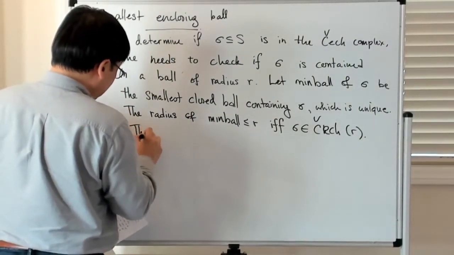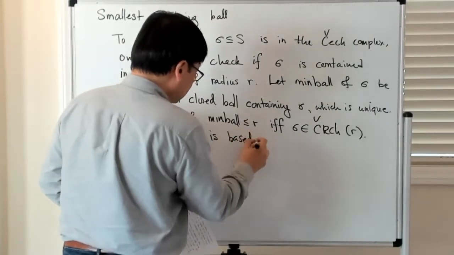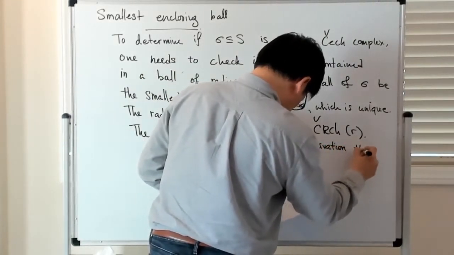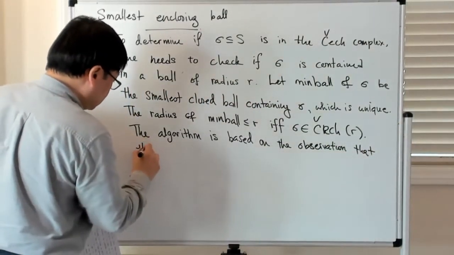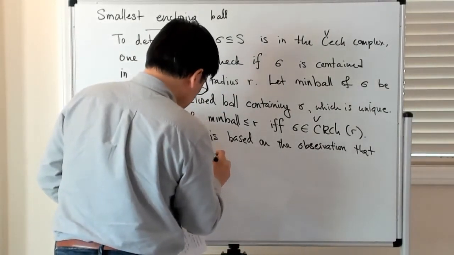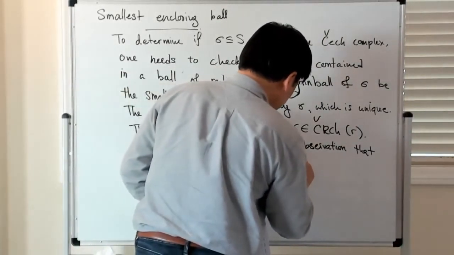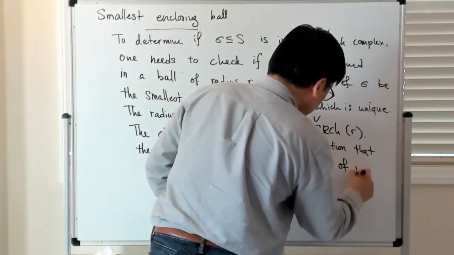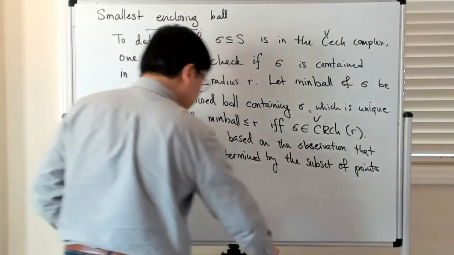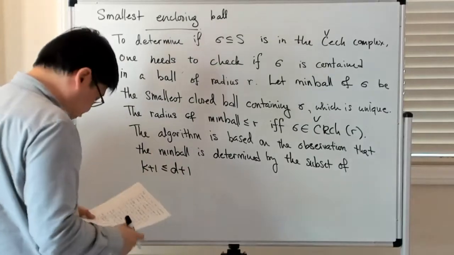Okay, so the algorithm is based on the observation that the min ball is determined by the subset of k plus 1 points, and k plus 1 has to be less than or equal to d plus 1, where d is the dimension of the embedding space.